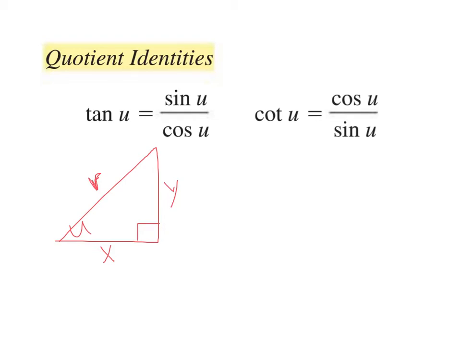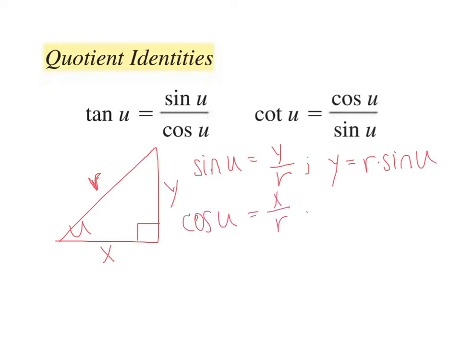So now if I look at my sine and cosine, sine of u equals y over r, or if I solve for y, y equals r times sine u. Cosine u equals x over r, or if I solve for x, that equals r times cosine u.